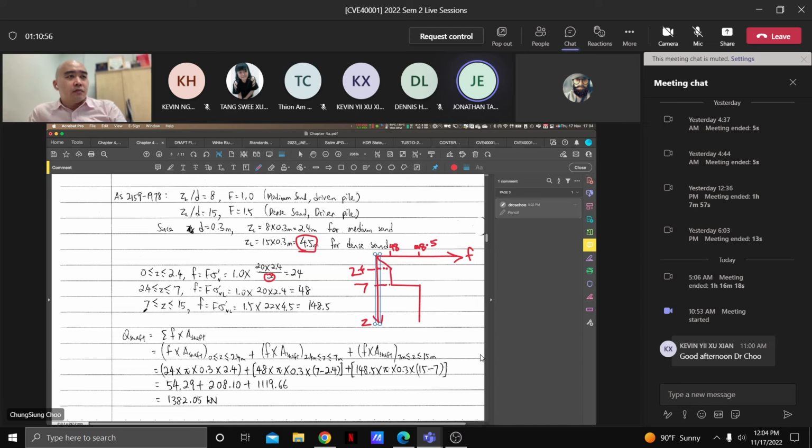The 4.5 meters should start from the ground level, is it? Yes, that's right. It doesn't start from here. I know what you mean, that it should start from here, so from 48 to 148.5.